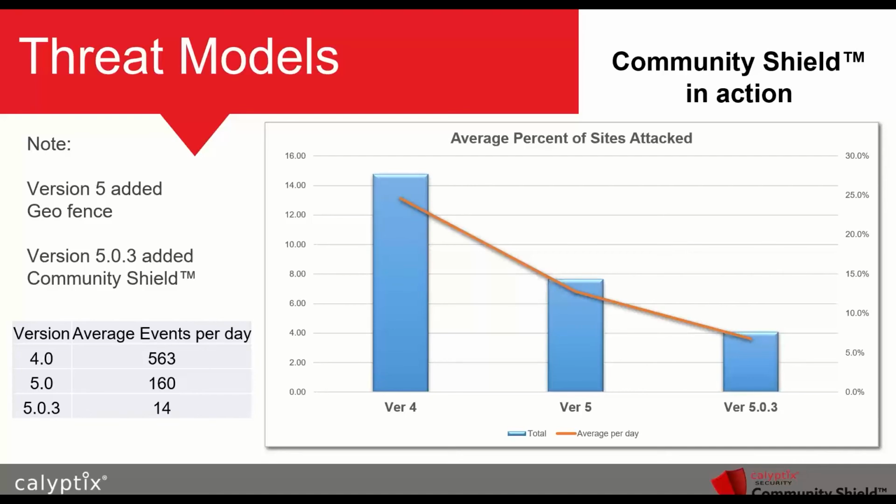Now, not everybody's using every feature, and some of those logins are benign. So this is not intended to be precise data here, but just a general trend, right? And the number of sites is cut by almost 75% from version 4. And then the actual occurrence of the events is dropped from, on average, 563 to 14.